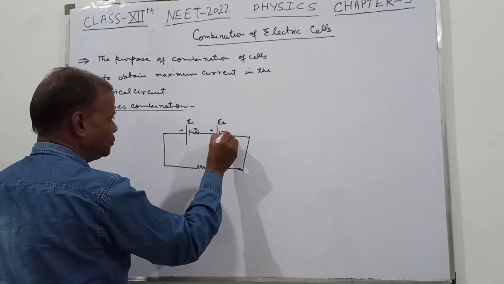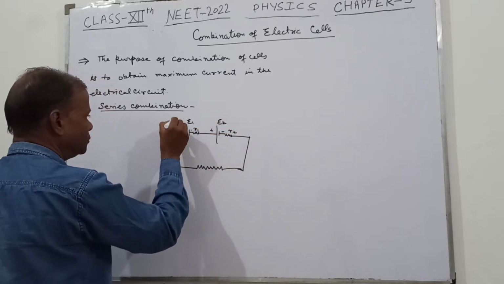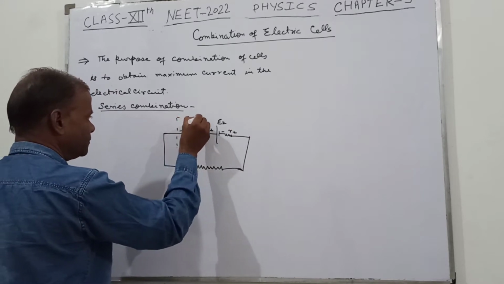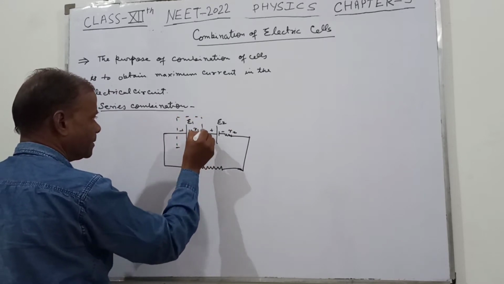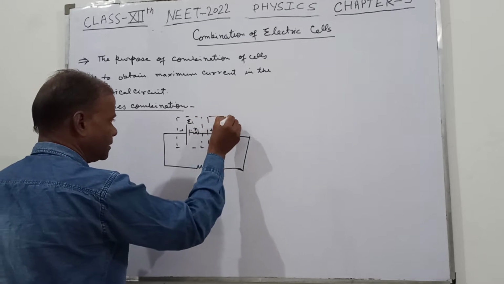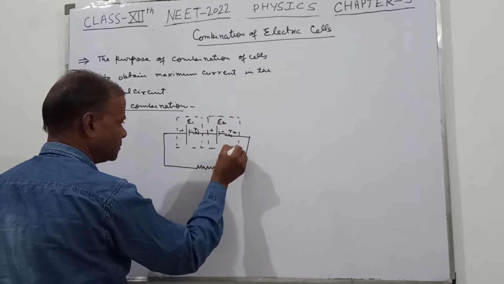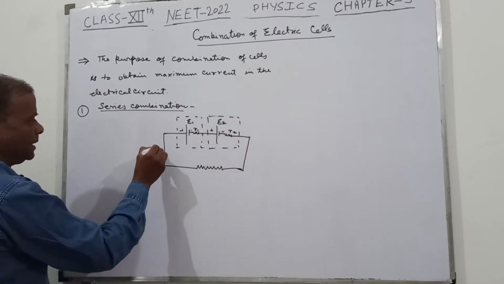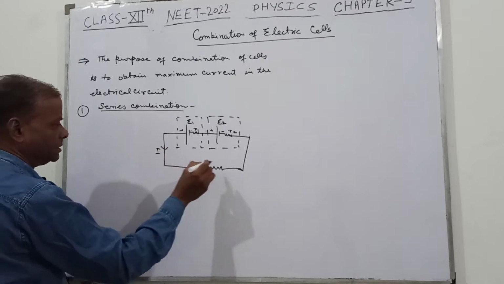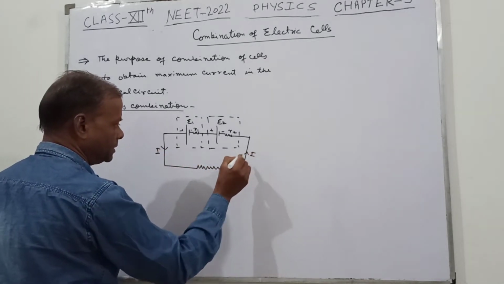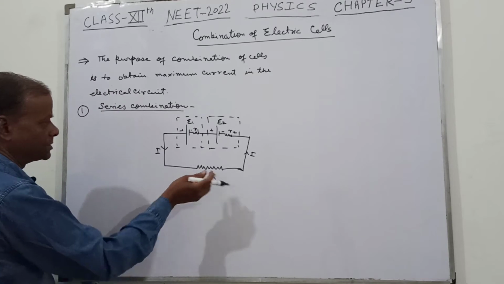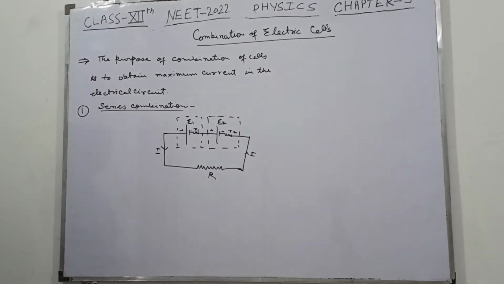This is now your E2, internal resistance R2. This is one cell. This is another cell. And let them give the current I in the external circuit. This is now external resistance R.